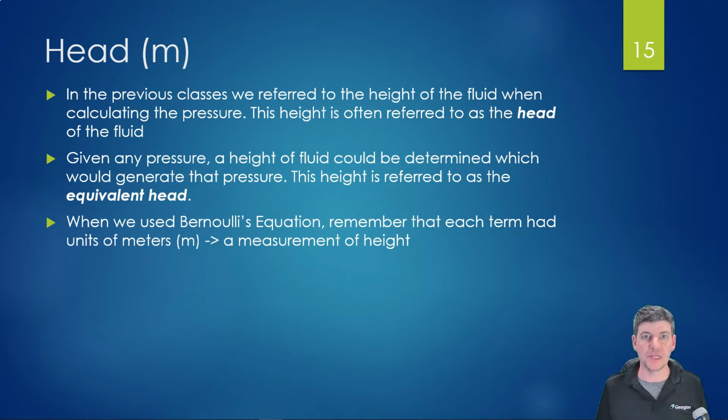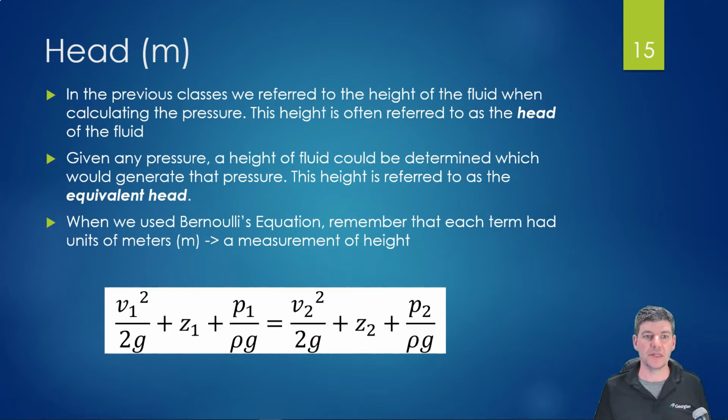And Bernoulli's equation had a whole bunch of terms, but we had arranged them all so that all of the units of Bernoulli's worked out to be meters. So what we had were 3 different types of head measurements all combined into each side of Bernoulli's equation.